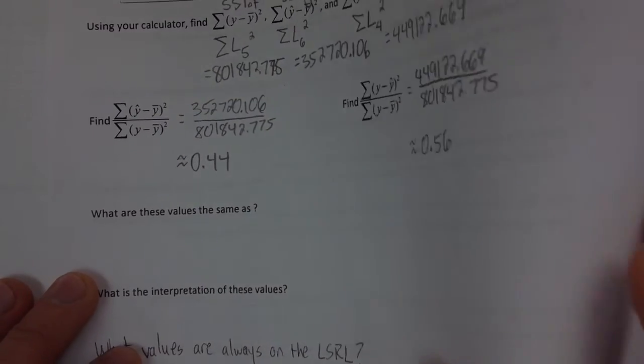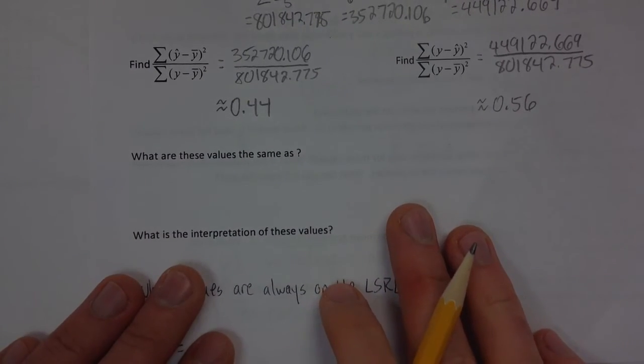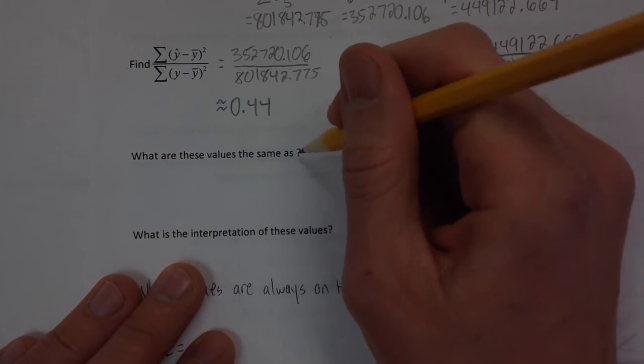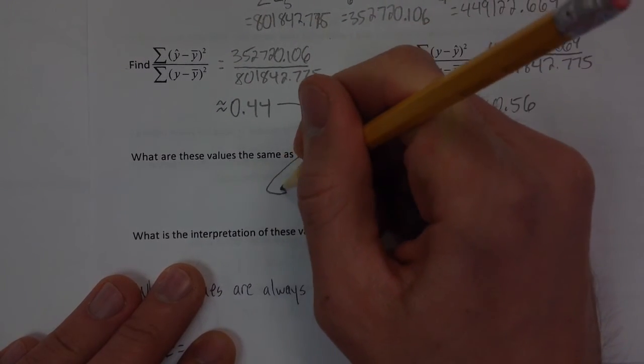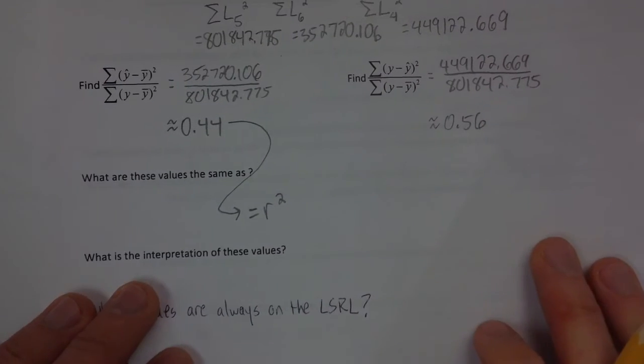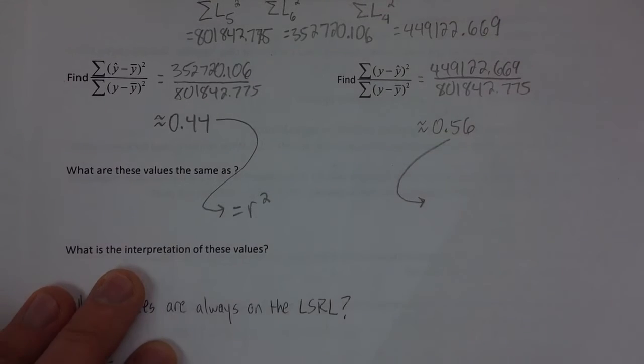Okay, take a look at the front side. Where do you see 0.44? Squared, very good. And this one here is, what do you think?